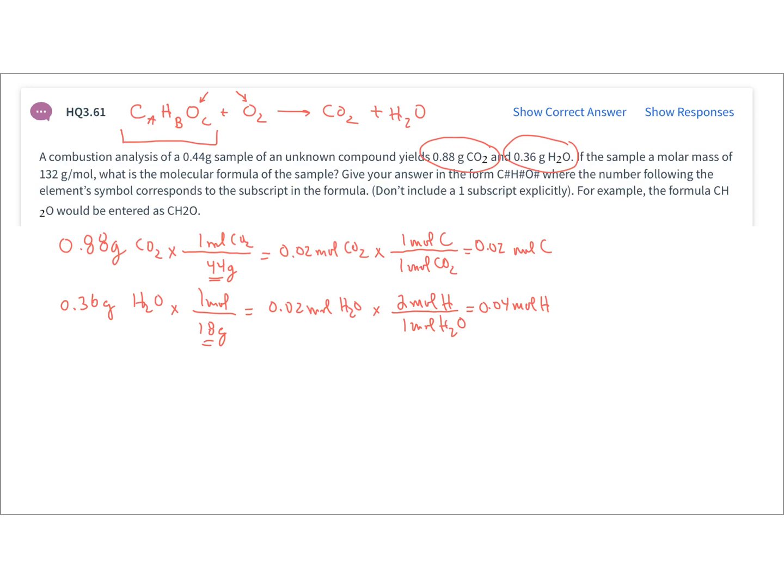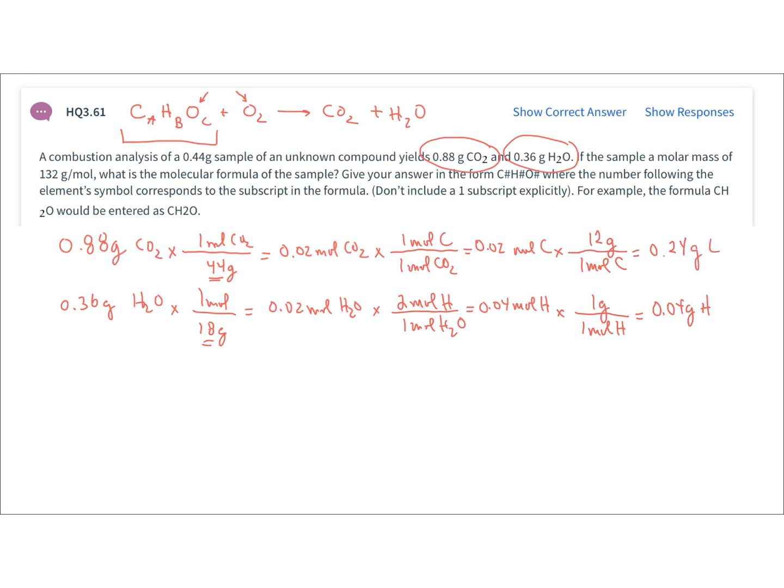I need to convert these moles of carbon and hydrogen into a mass so I can find the remaining mass that corresponds to the mass of oxygen. For every 1 mole of carbon, I need 12 grams, and for every 1 mole of hydrogen, I would need 1 gram. So I have 0.04 grams of hydrogen and 0.24 grams of carbon.